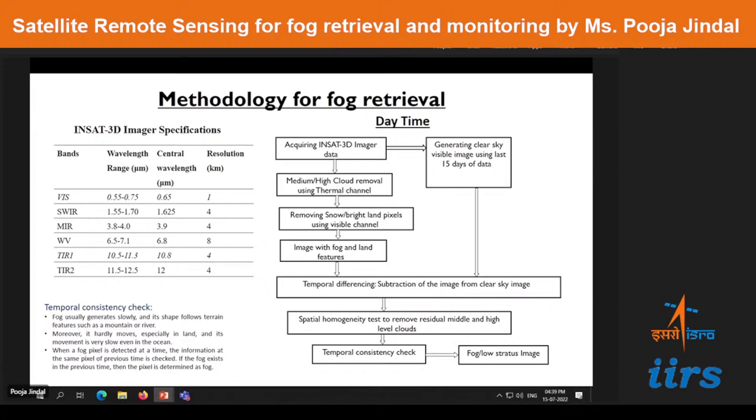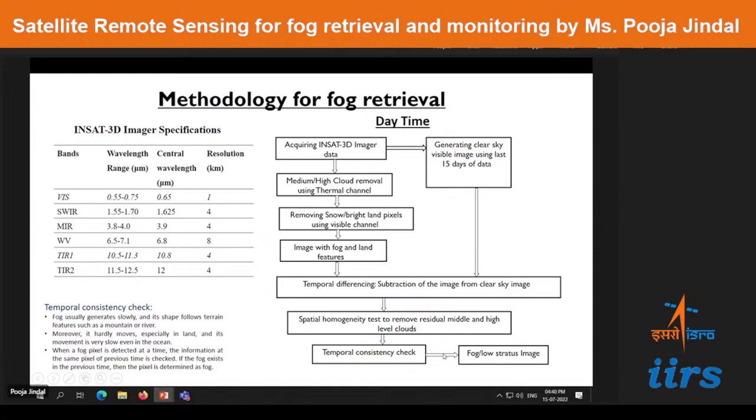Even the temperature should not change significantly. So if the standard deviation is low, it is fog. If the standard deviation is high, it is not fog, because a higher standard deviation conveys that the top is not smooth. So the spatial homogeneity test will remove some residual middle and high level clouds.